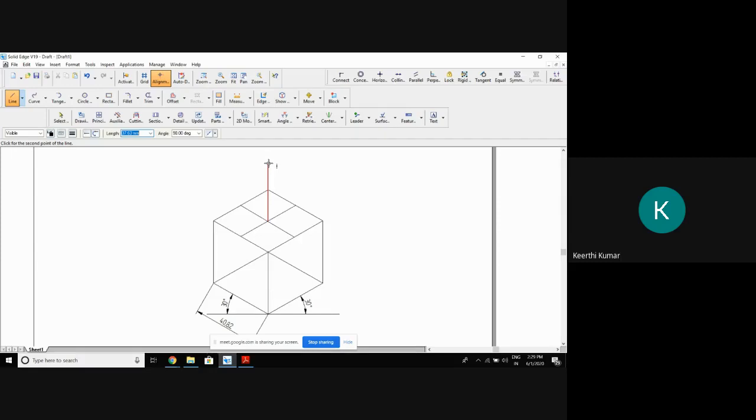This line should be equal to the radius of the sphere given. The diameter of the sphere is 50, so the radius is 25. But it is isometric scale, so you multiply the 25 into 0.8164.